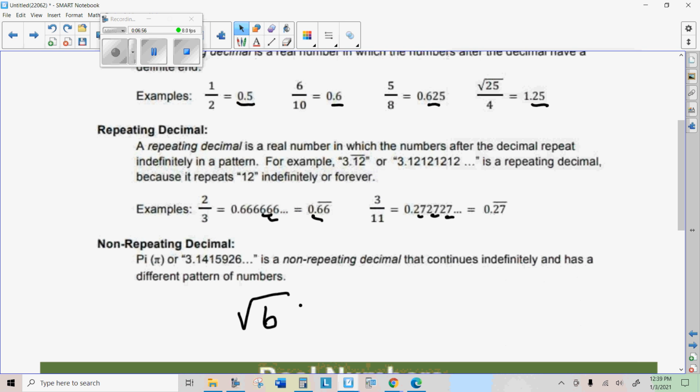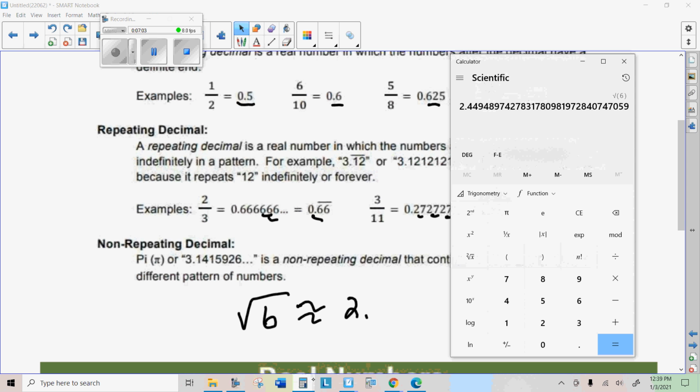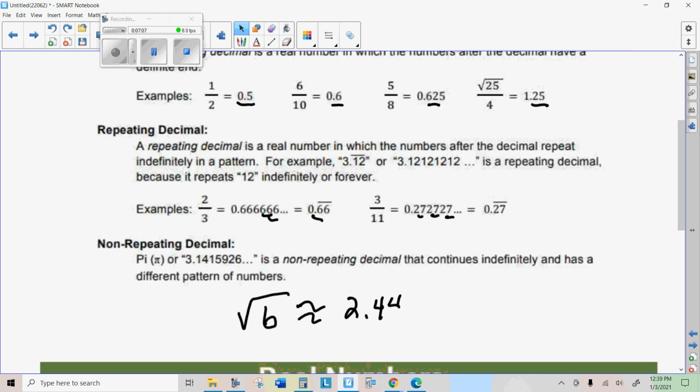So when we write that as a decimal, we say about 2.44948997, and then we put dots to represent that it's going to continue and there is no pattern. So we're going to call that a non-repeating, non-terminating decimal.